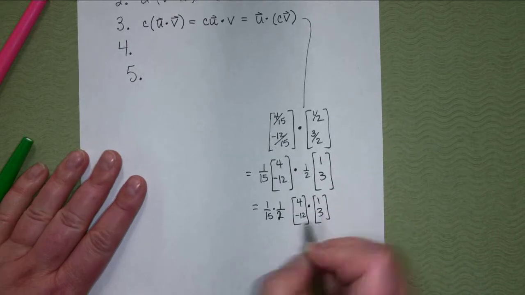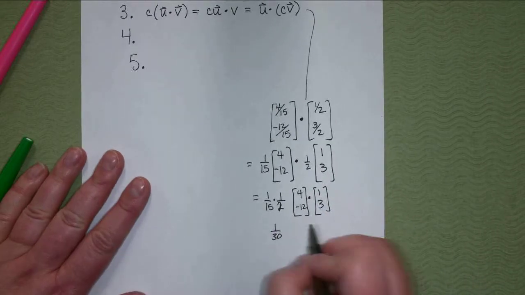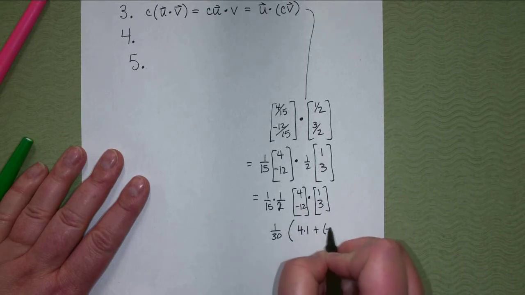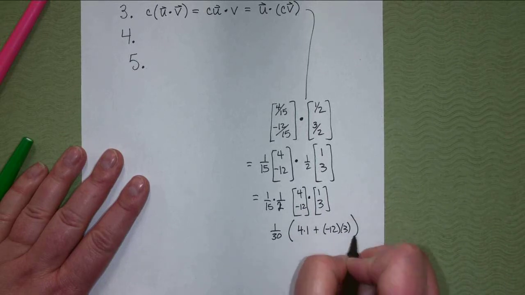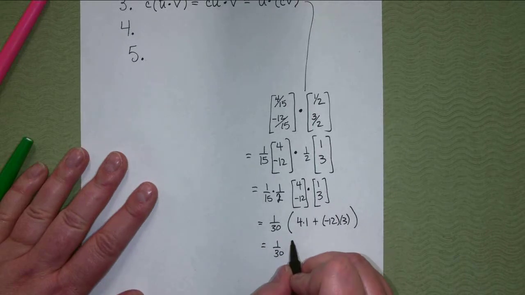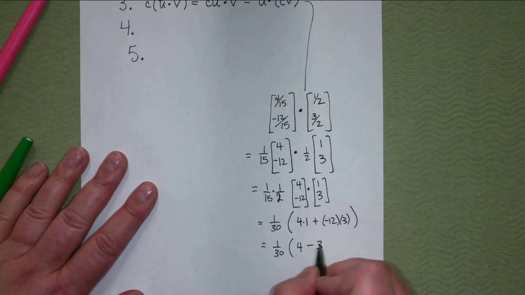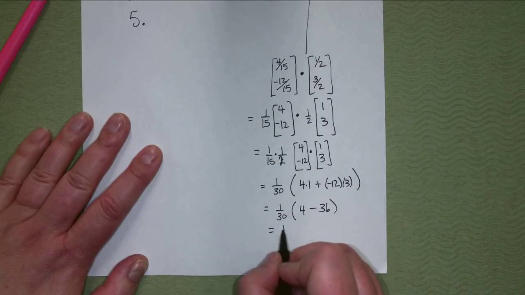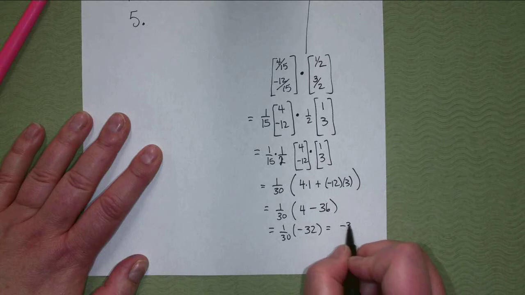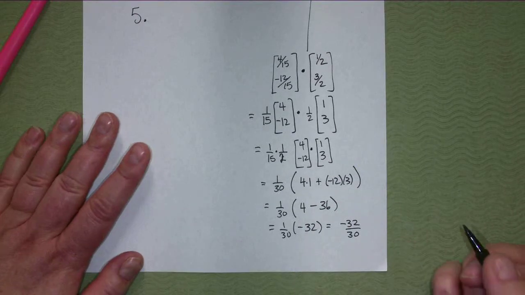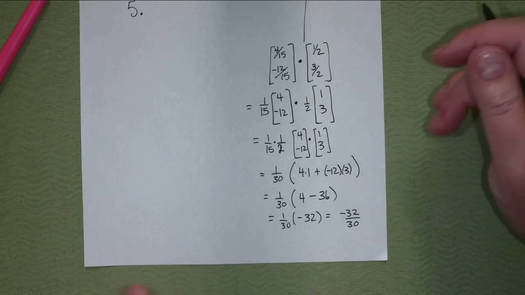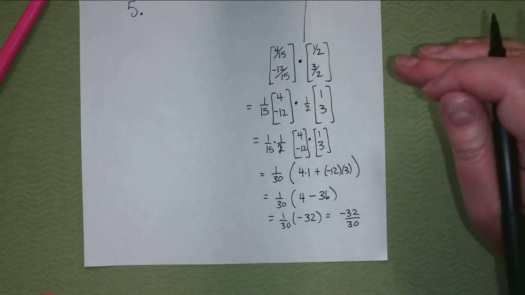So this is 1 over 30, and this would be 4 times 1 plus negative 12 times 3. I think by looking at this example, you can appreciate that that would help sometimes.